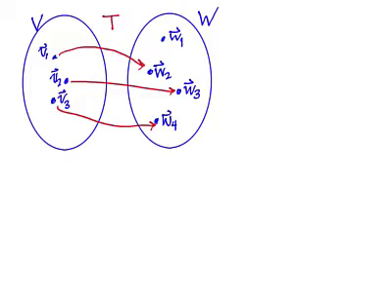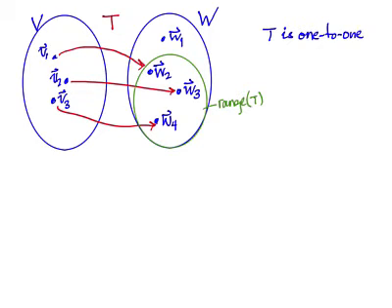And we see that W1 didn't get hit by anybody. So the range of T is not the entire codomain. But everything that did get hit got hit once. So T is one-to-one in this picture, but T is not onto.